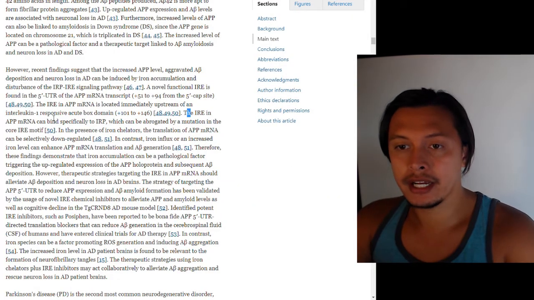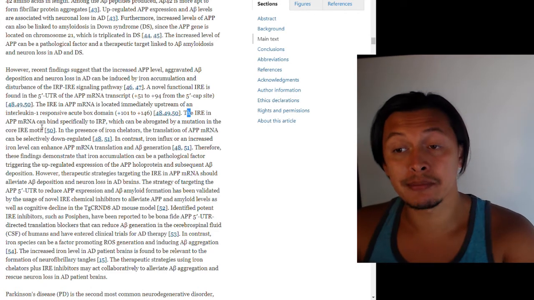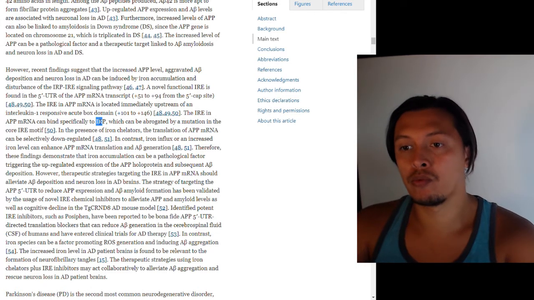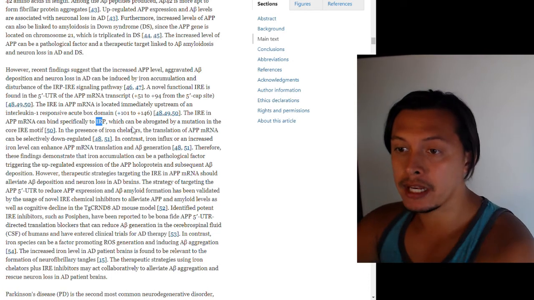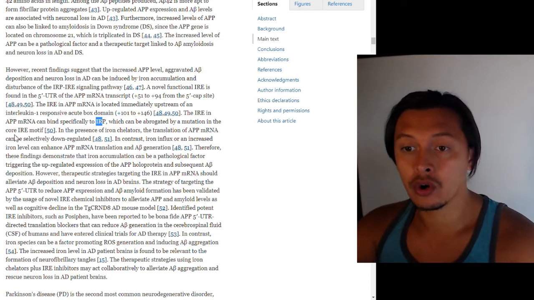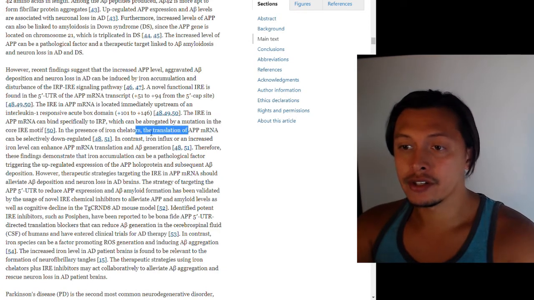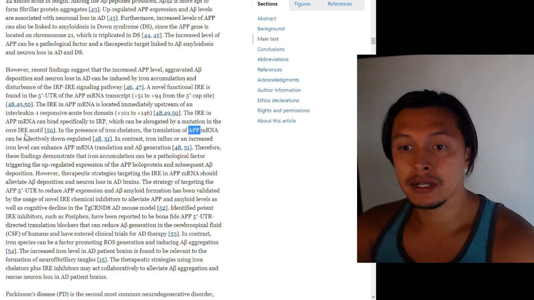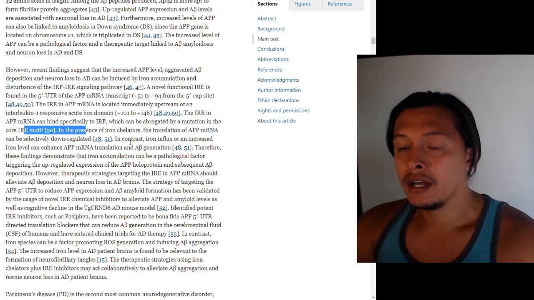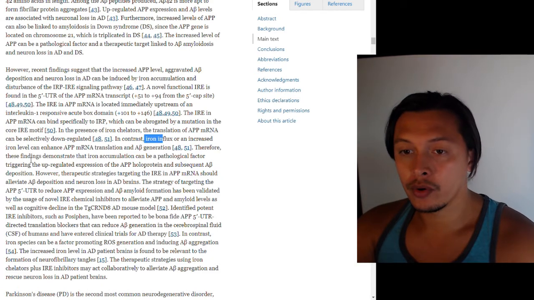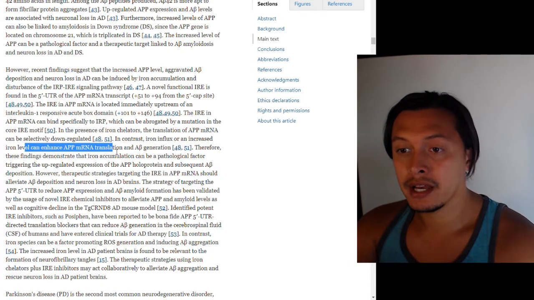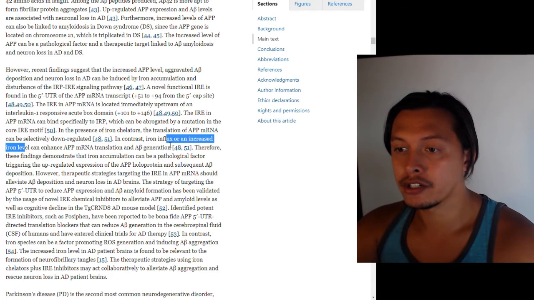So the IRE in the APP mRNA can bind specifically to the iron regulatory proteins, which can be abrogated by a mutation in the core IRE motif. In the presence of iron chelators, the translation of APP mRNA can be selectively downregulated. In contrast, iron influx or an increased iron level can enhance APP mRNA translation and amyloid beta generation.